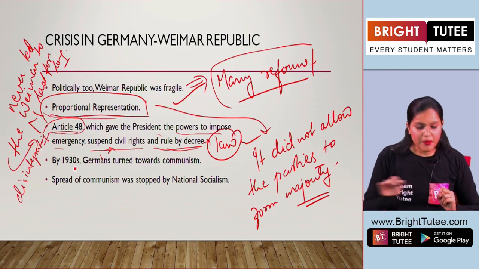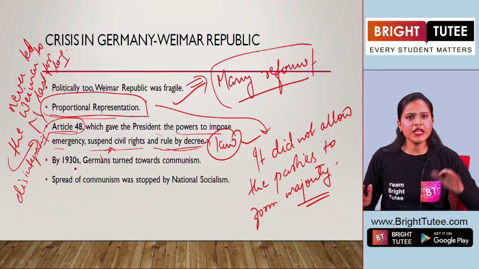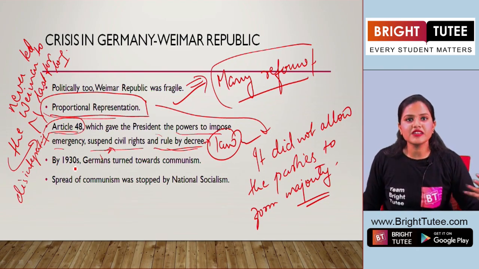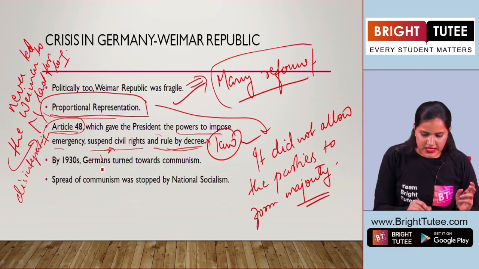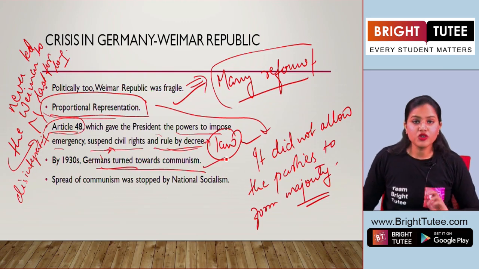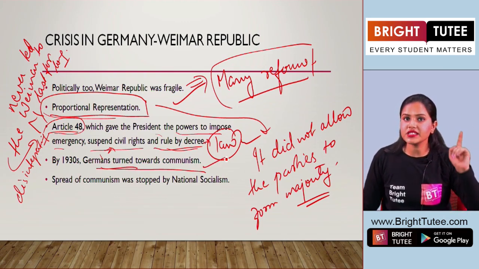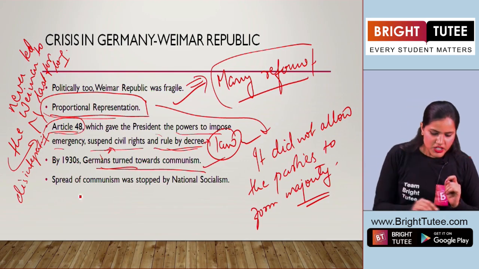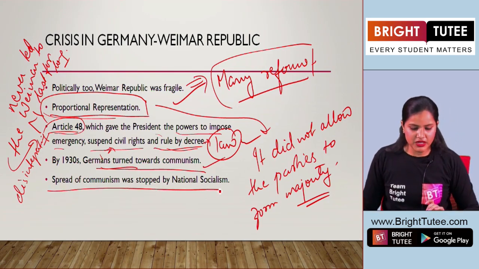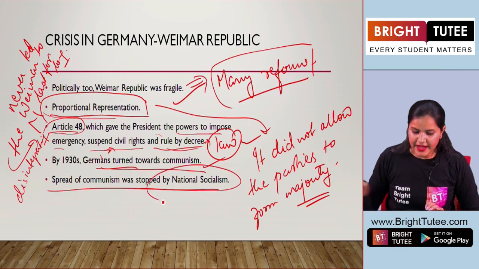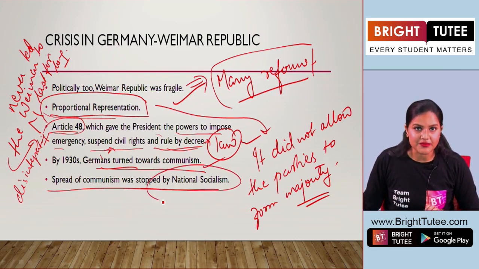Okay, so by the 1930s, definitely people were looking for some alternative options. So Germans turned towards communism, the communist philosophy that we have already learned in the Russian Revolution. So it was the spread of communism that was stopped by National Socialism.